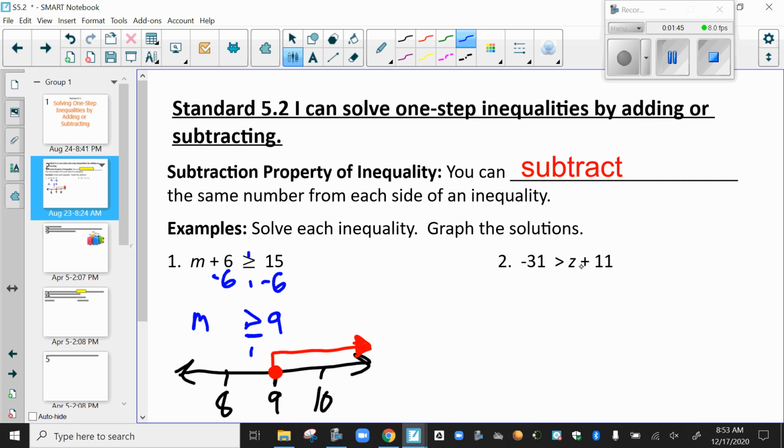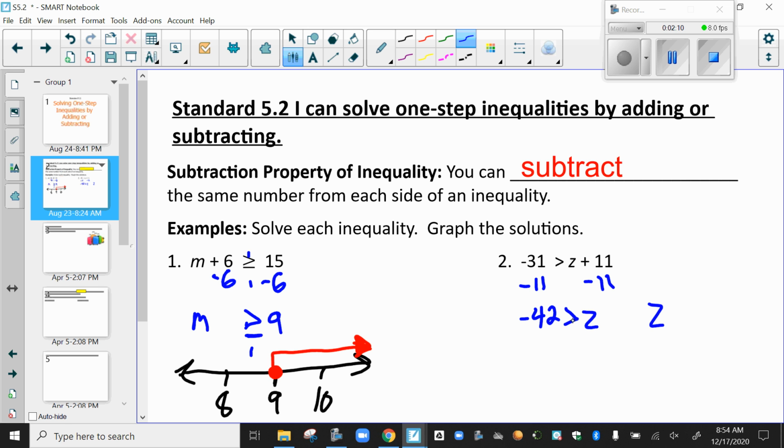Question 2. Z is on the other side, so I'm going to take away 11 from both sides. Negative 31 minus 11 more makes negative 42 is greater than Z. All right, guys, you can graph this, but I think we're more successful when we go the other direction. So here's how you go the other direction. I'm going to take Z, and I'm going to rewrite it on the left.